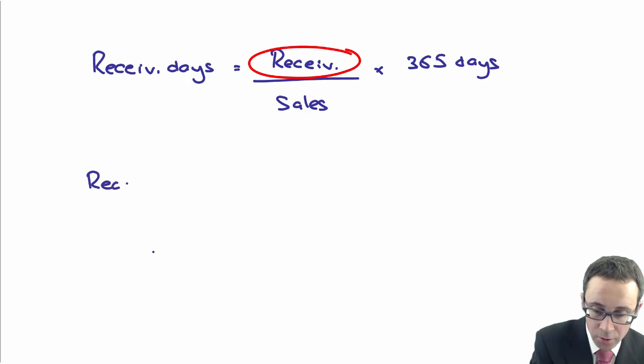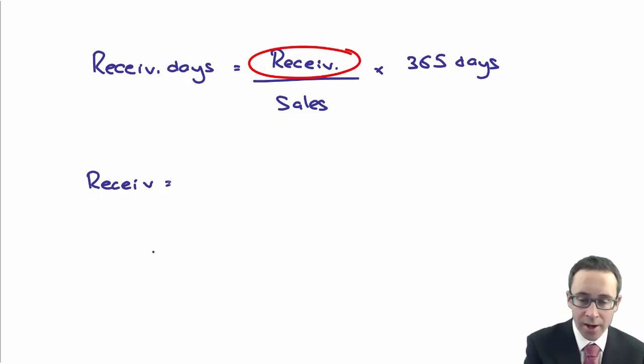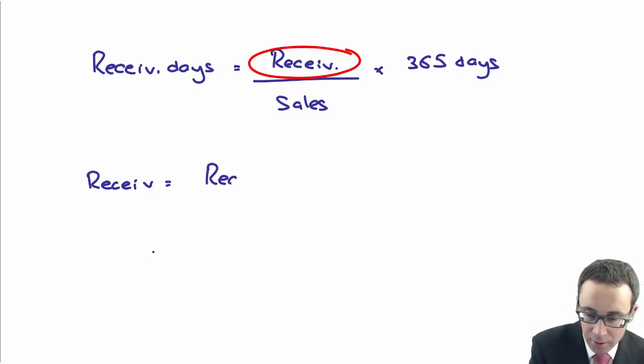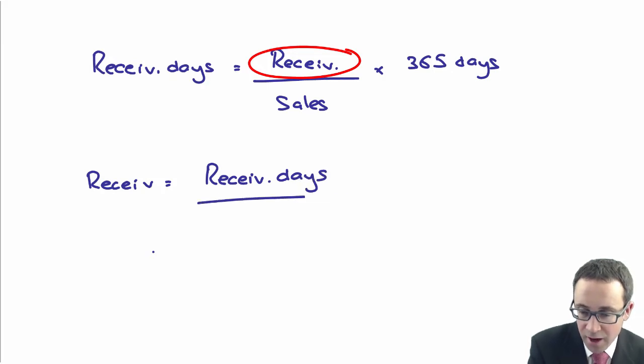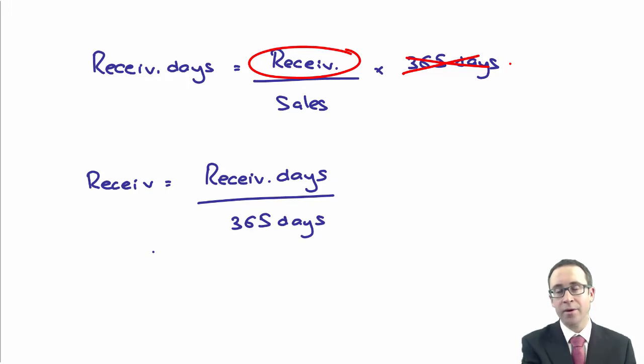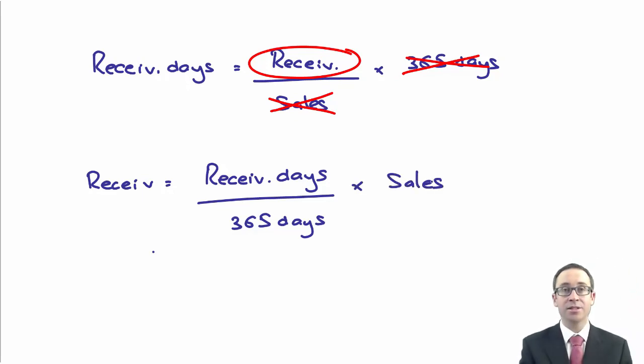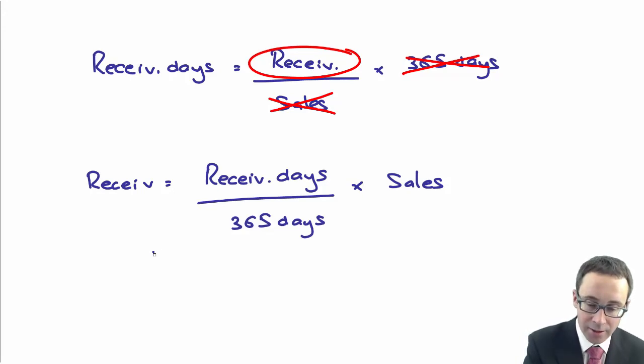So to work out your receivables, you need to play around with the formula. So you have your receivable days. If you divide both sides by 365 days, the 365 days cancel on the right hand side, and they become on the left hand side. And then if you multiply both sides by sales, the sales cancel out, and then you have to multiply by the sales, isn't it? Okay, excellent.